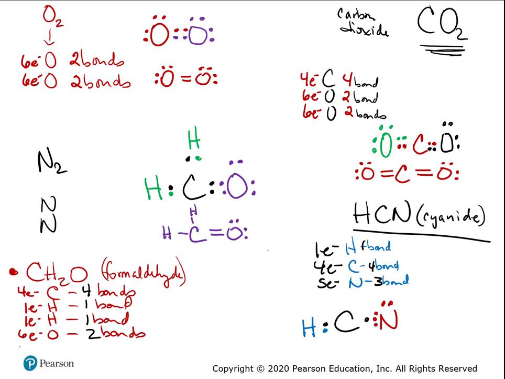But I end up with one here, and one here, and one here. So those electrons that were above and below the carbon move between the carbon and the nitrogen. The electron that was below the nitrogen and to the right of the nitrogen also move between them. That's a triple bond. So this would be an N with 3 lines to a C, and a single line to an H.